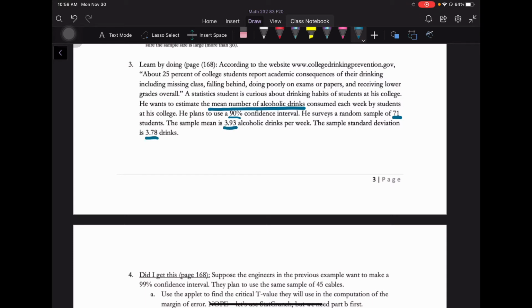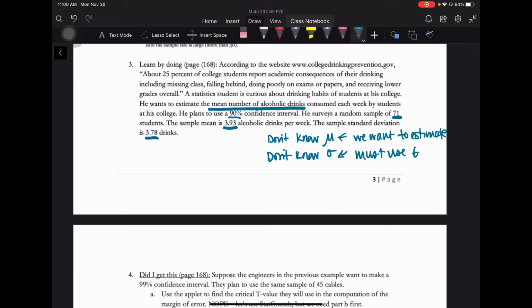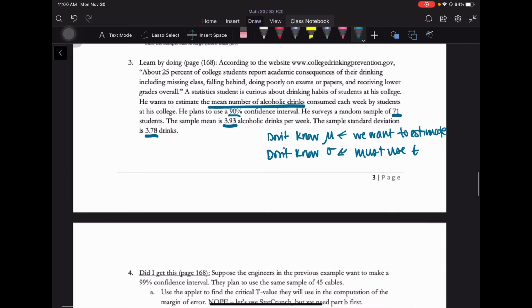So let me tell you the things that we have. We don't know mu. This is actually what we want to estimate. Since we don't know sigma, we must use t. We want 90% confidence. We know that x bar is 3.93.